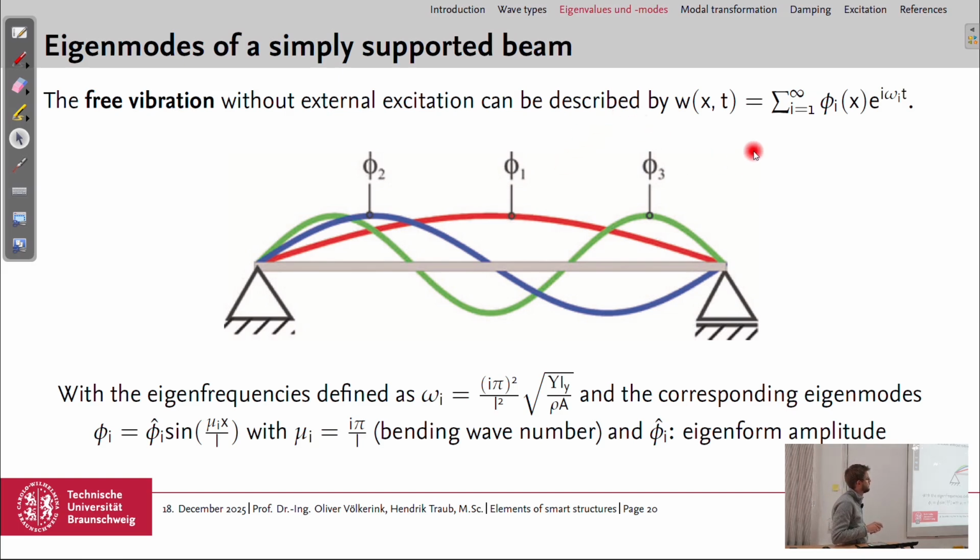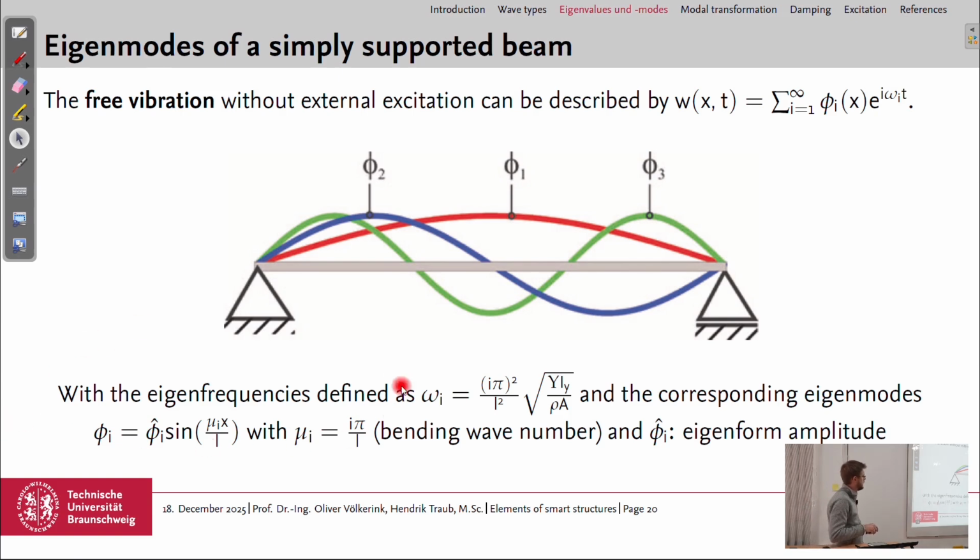So the sum of the eigenmodes of the structure. And for example, this is, with a half wavelength, the first eigenmode of this simply supported beam. This would be the second eigenmode, and the third eigenmode is depicted in green.